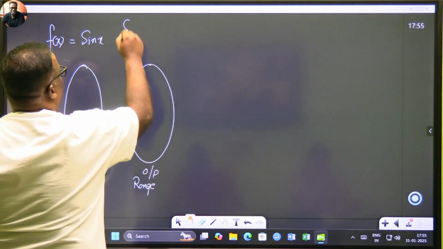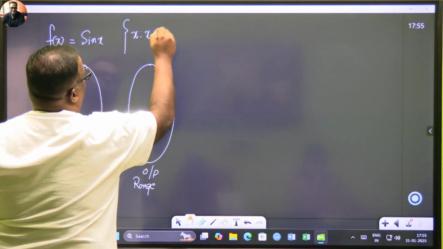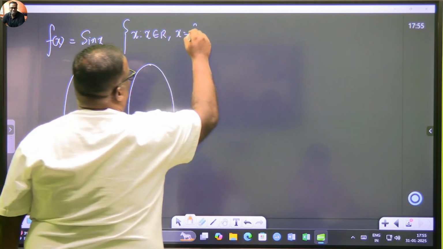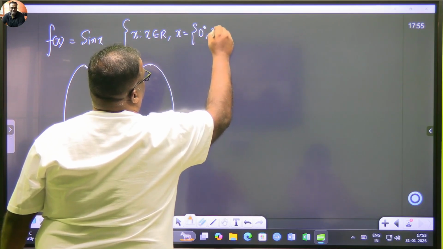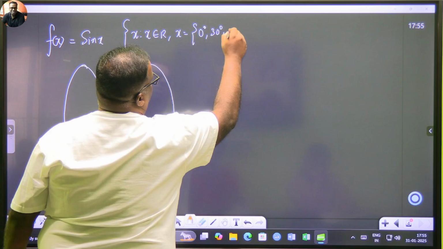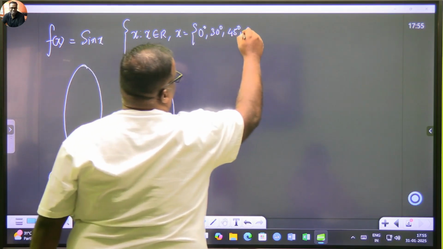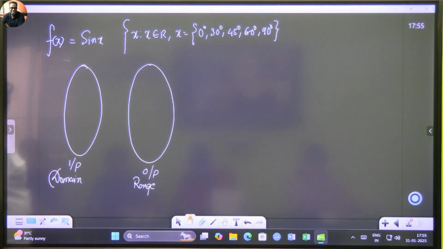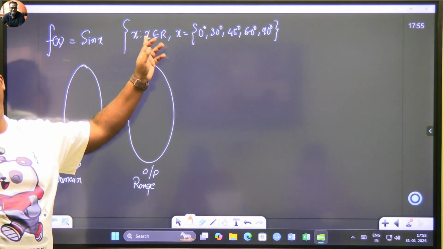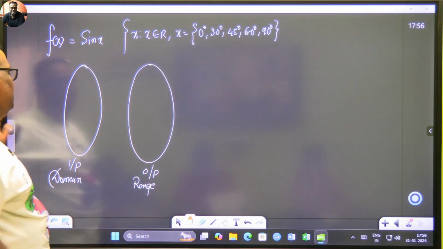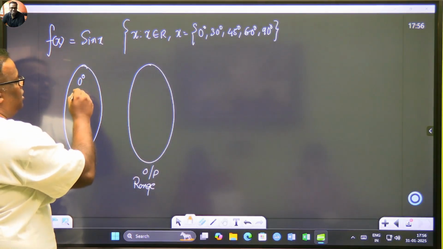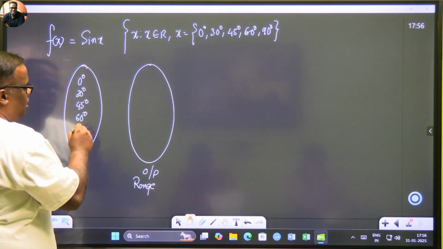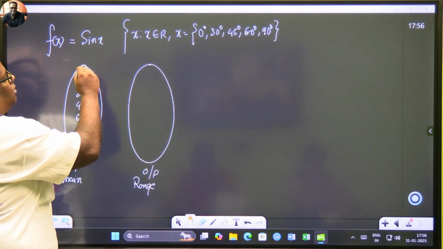We say x such that x belongs to the real numbers, and x is equal to 0 degree, 30 degree, 45 degree, 60 degree, and 90 degree.